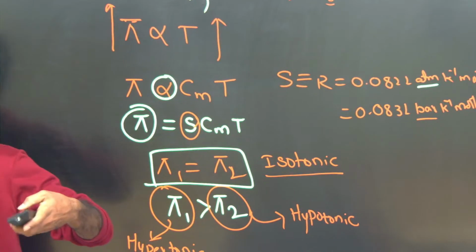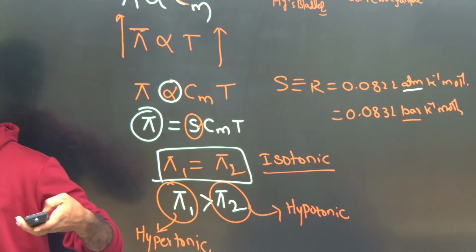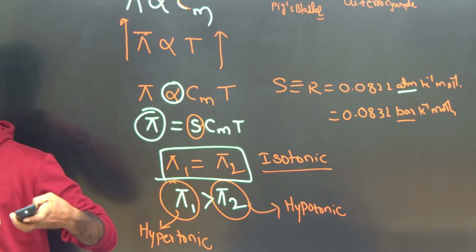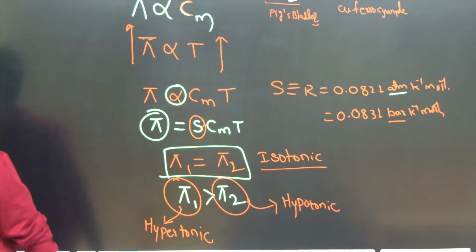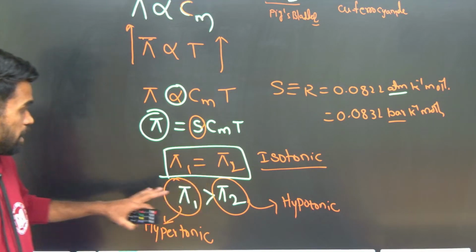If both of them are equal, you call it isotonic. I hope these three terms are clear. These are the three terms you should remember. Whenever there is blur, please inform in the chat box. Okay, right. I hope up to here everything is clear.